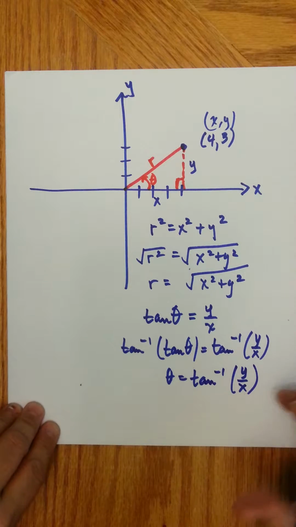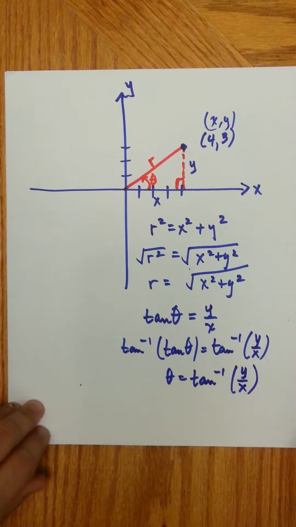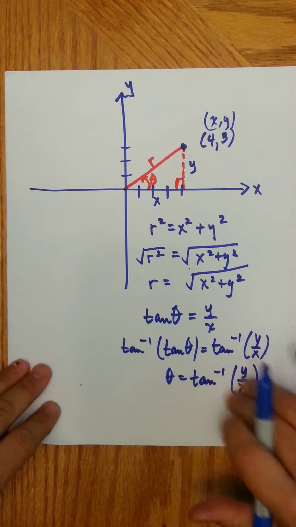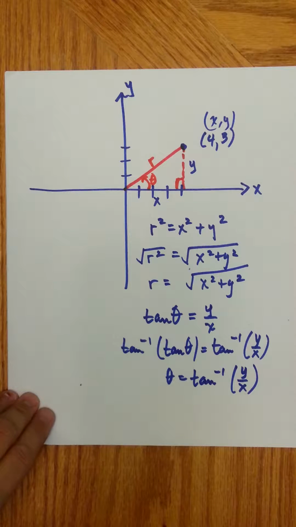Now, we'll see when we do some examples, because of the theoretical restrictions of inverse tangent, we can only find your angle from negative pi over 2 to pi over 2. You have to compensate a little, but it's not a difficult thing to do. This actually gives you the information you need, right?